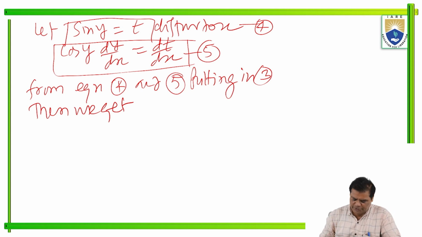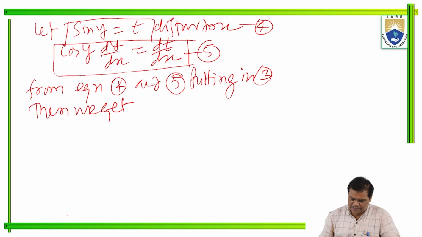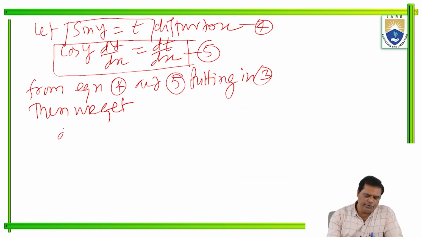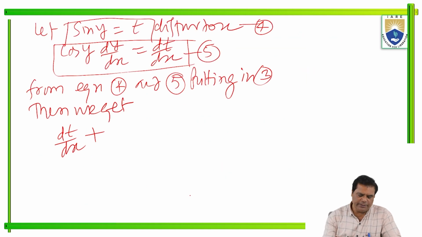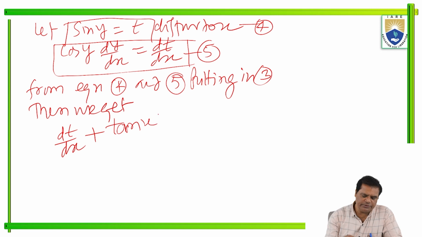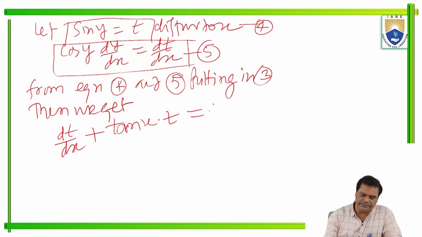cos y dy dx, this value we have found here, is dt over dx. So dt over dx plus tan x, where tan x is p, and sin y is t, equal to cos x in the right hand side.